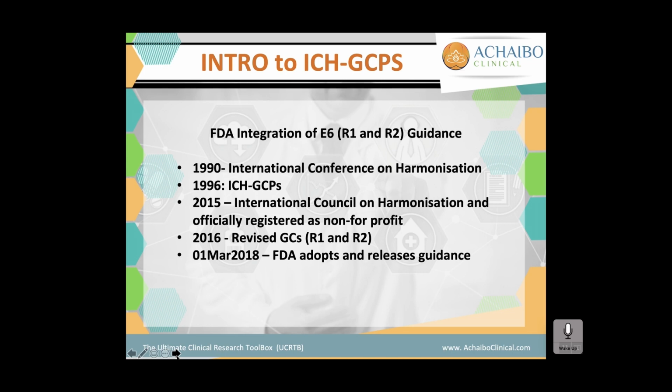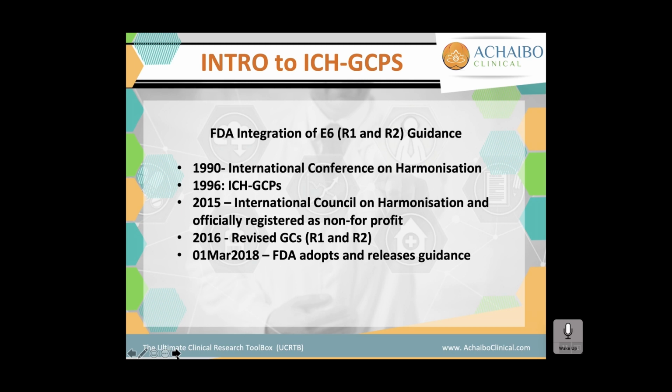They've been around for a while, and in 1990, they were created. And then in 1996, they became the ICH GCPs. In 2015, the International Council on Harmonization was registered as a non-profit organization with these GCPs. In 2016, they were revised.